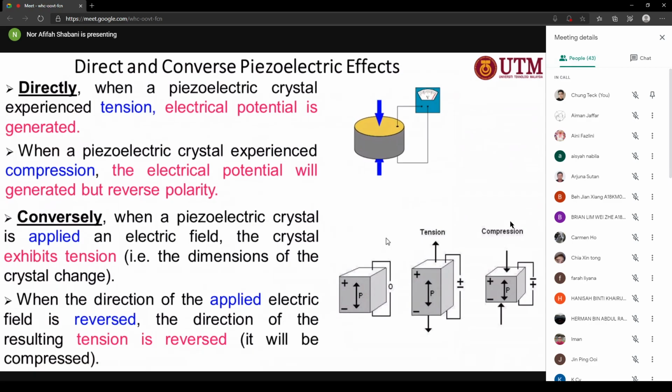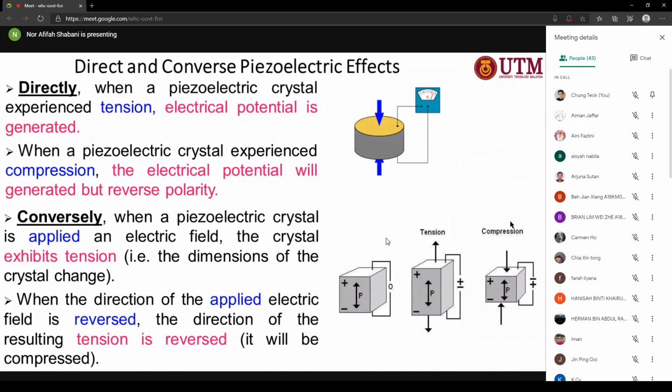Like I mentioned before, the piezoelectric transducer is a good thing because you can use it in two ways. First of all, you can use it as a sensor. For a sensor, the effect we call the direct effect.